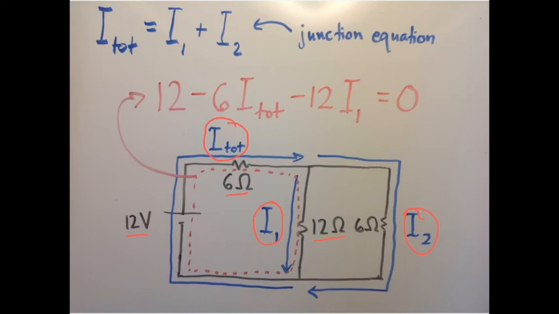It's kind of like if I drove to the grocery store and then to the gas station, then I only went to those 2 places, and so those would be the only ones I actually include. I shouldn't worry about the fact that I could also have driven to Target. Maybe that's what this other resistance is, Target in my analogy. But I didn't go there, and so I don't need to worry about it in my loop equation.